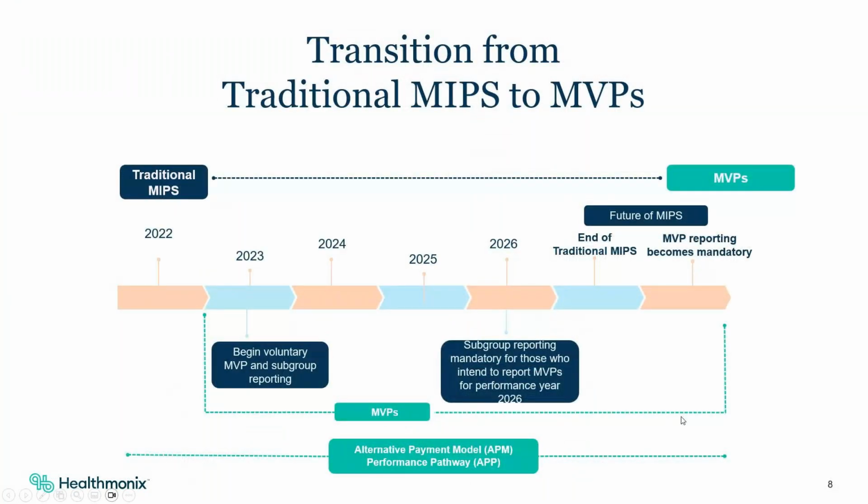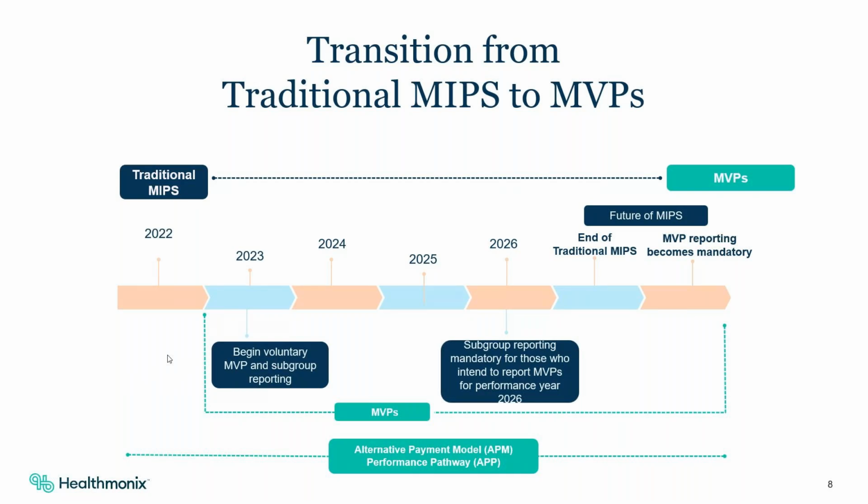So what has the timeline looked like? I've been sharing a very similar slide since 2022, I think, and we are just trudging down the line further in this. In 2022, your only option was traditional MIPS. Then in 2023 reporting, began the voluntary MVP and subgroup reporting.